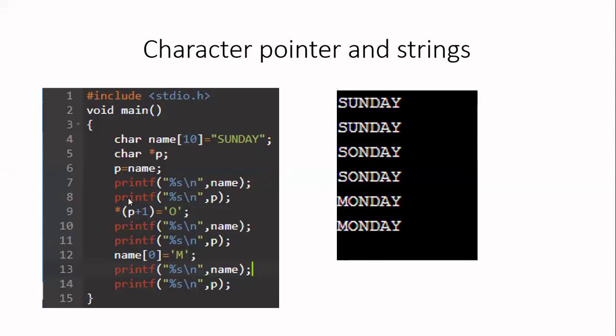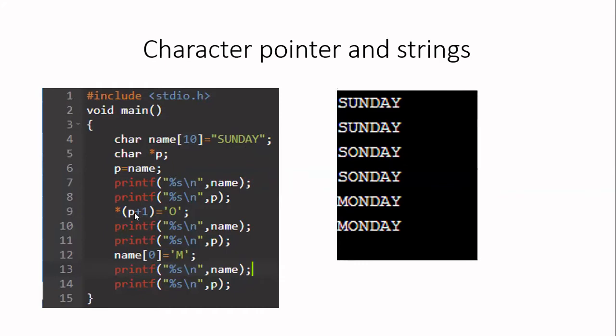Now let us go to the next one. I want to change the value in this particular string. If I want to change this u to o by means of the name, the u is stored at index 1, so I'll write name of 1 is equal to o. But now I want to access this with the help of the pointer variable.